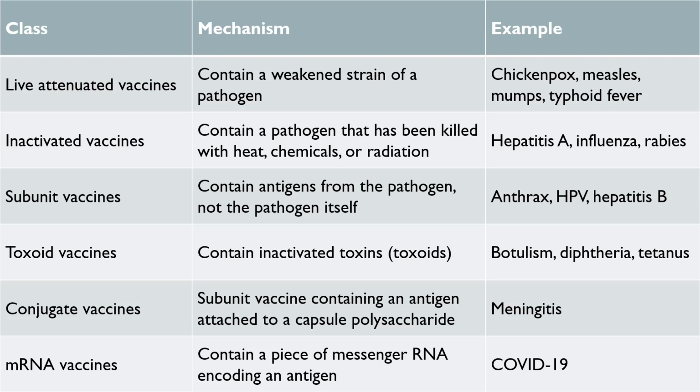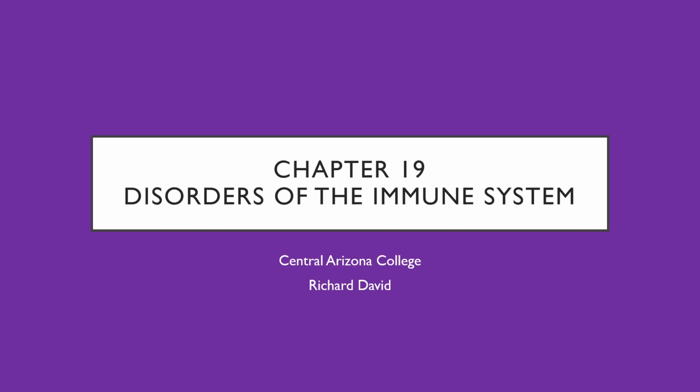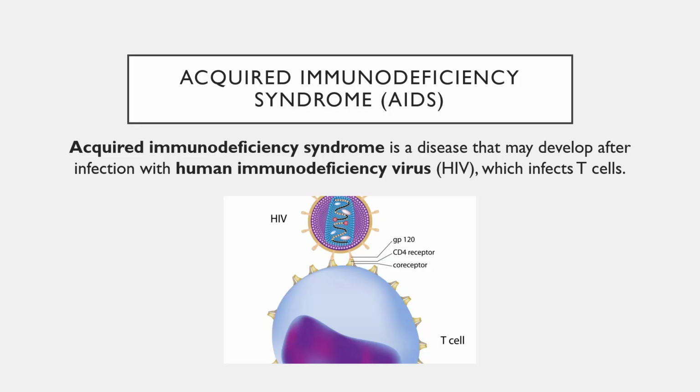So now at this point, we are going to just barely dip our toes into one topic that I've pulled from chapter 19, which is disorders of the immune system. There are certainly a wide variety of disorders of the immune system out there, but we are going to take out of chapter 19 one of these, and that is acquired immunodeficiency syndrome, or AIDS.